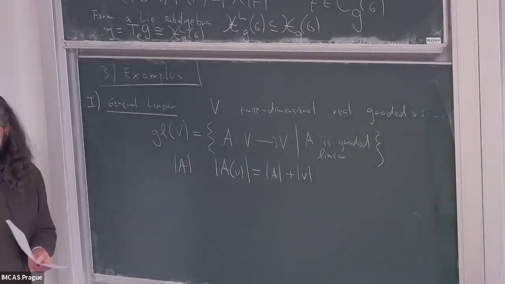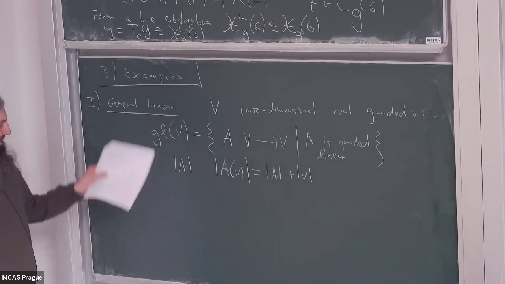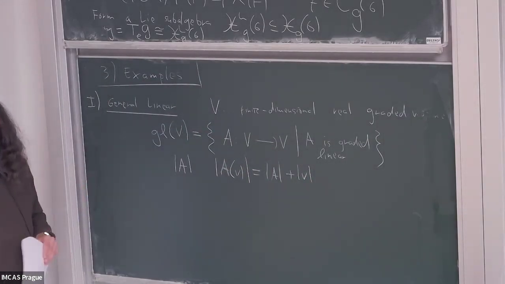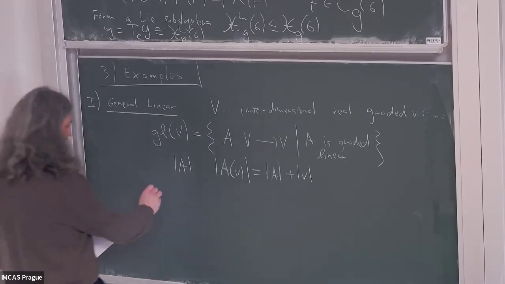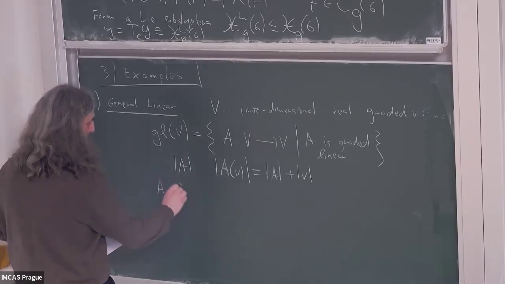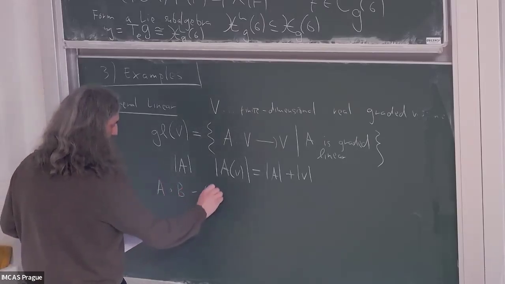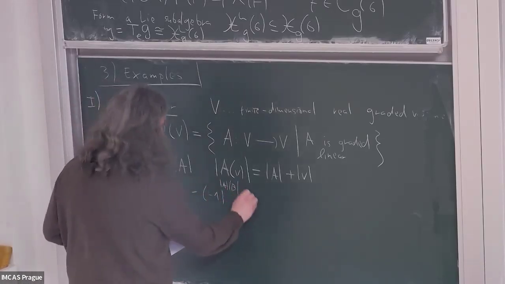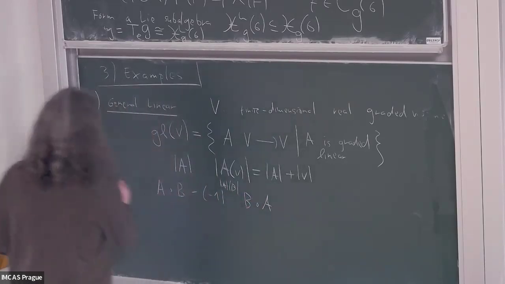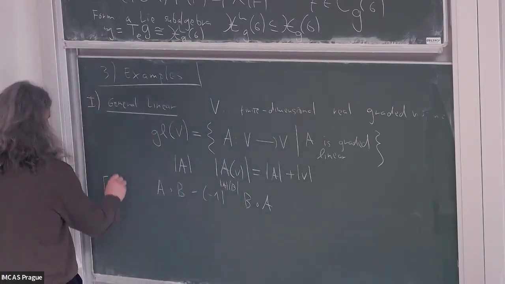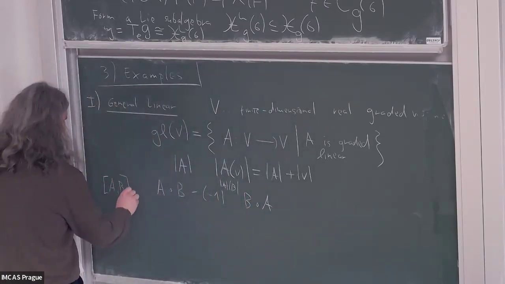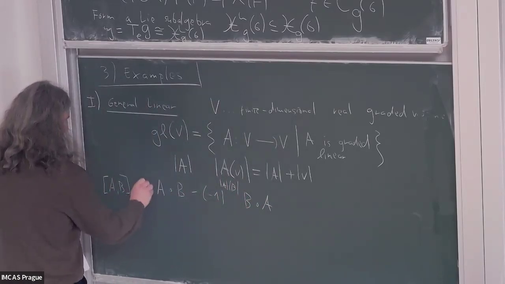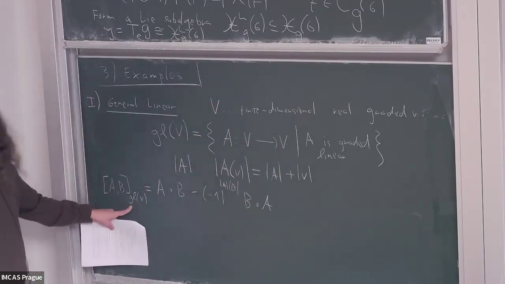There is a natural Lie bracket on this, and this is just the graded commutator. So you can take A composed with B minus (-1)^{|A||B|} B composed with A, and this is in fact a well-defined graded Lie algebra on this graded vector space.